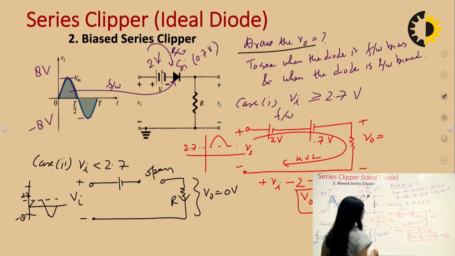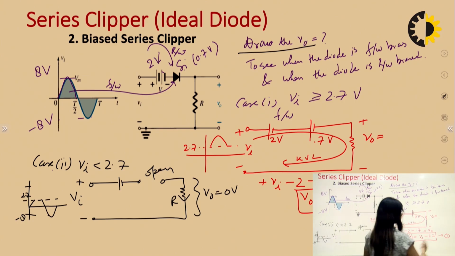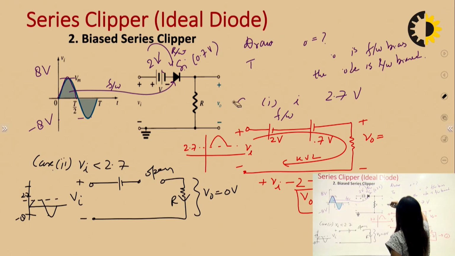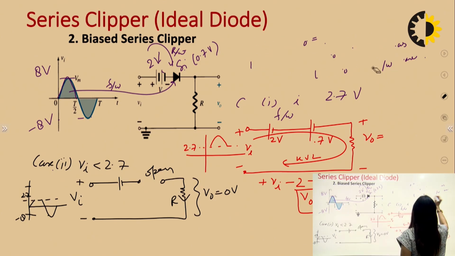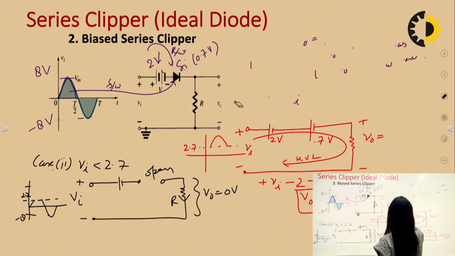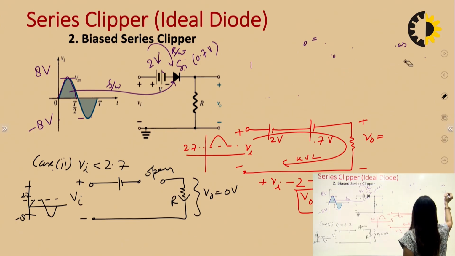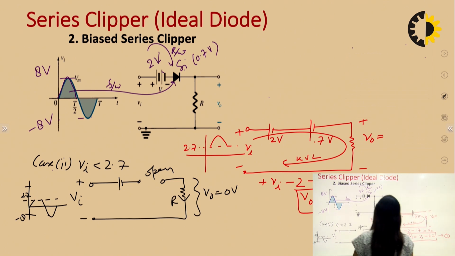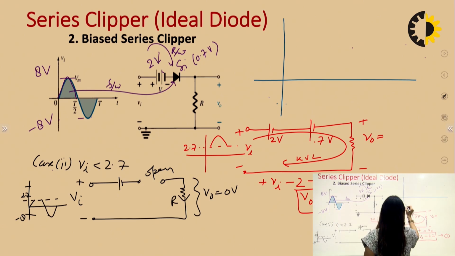draw the VO. Now I will erase some part and then I will draw the waveform. Okay, so draw the waveform. -8, +8, and mark your line 2.7.